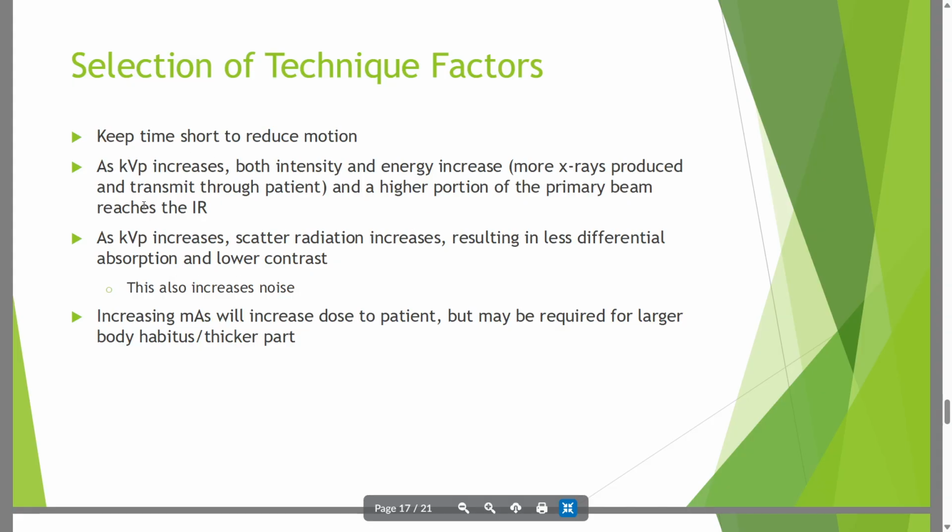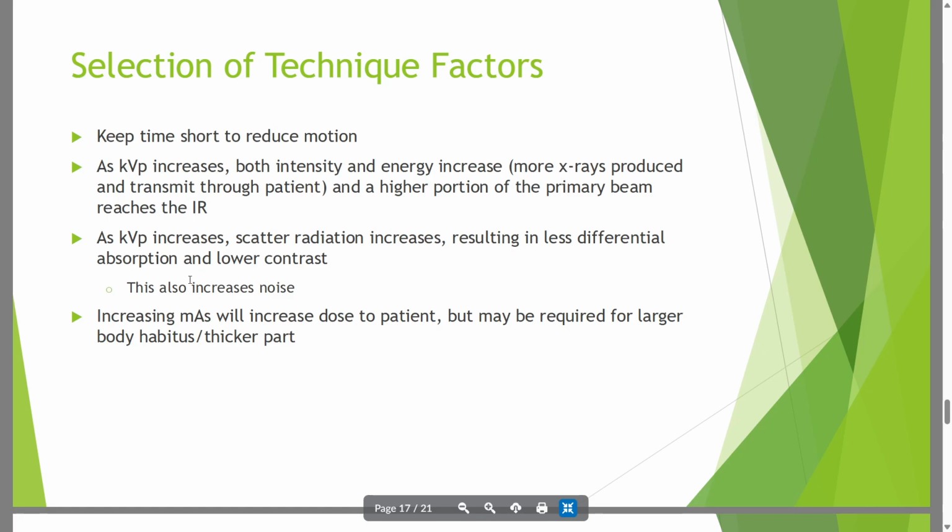So if we increase KVP, a higher proportion of the beam actually reaches the IR, but as we increase KVP, scatter also is going to increase. So we'll have less differential absorption, lower contrast, less X-rays actually making it to the IR rather than being attenuated and interacting with one another.